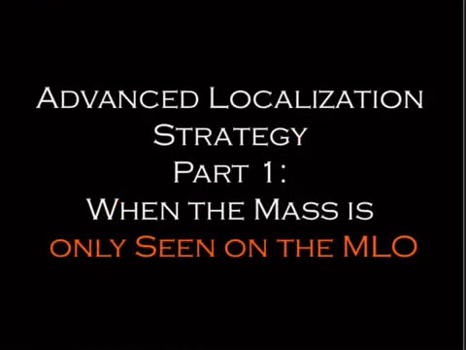So there are two more advanced localization techniques that you need to know for a multiple choice test, and if you were ever unfortunate enough to have to do this stuff for a living. The first one is, what if you see it only on the MLO, but you don't see it on the CC?